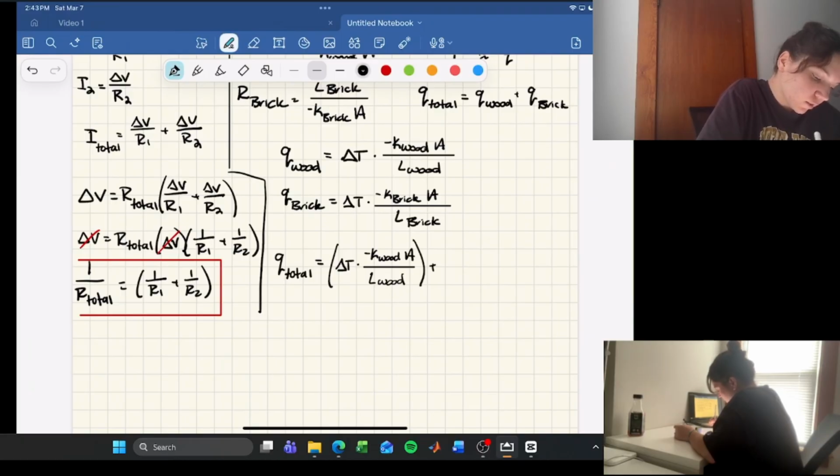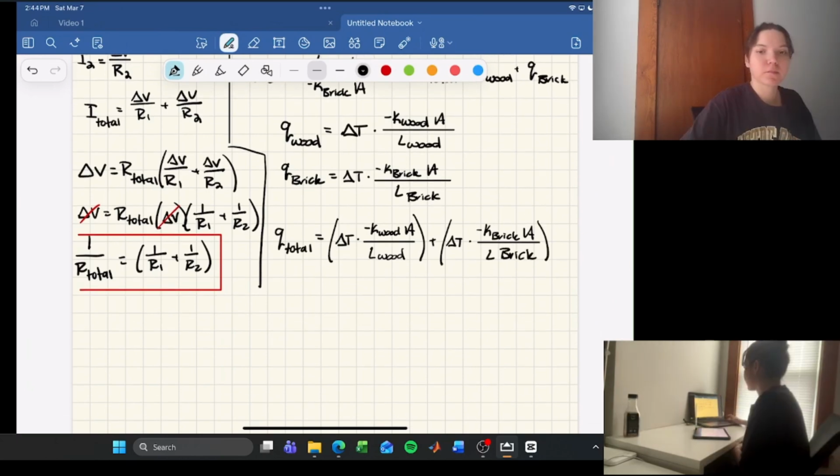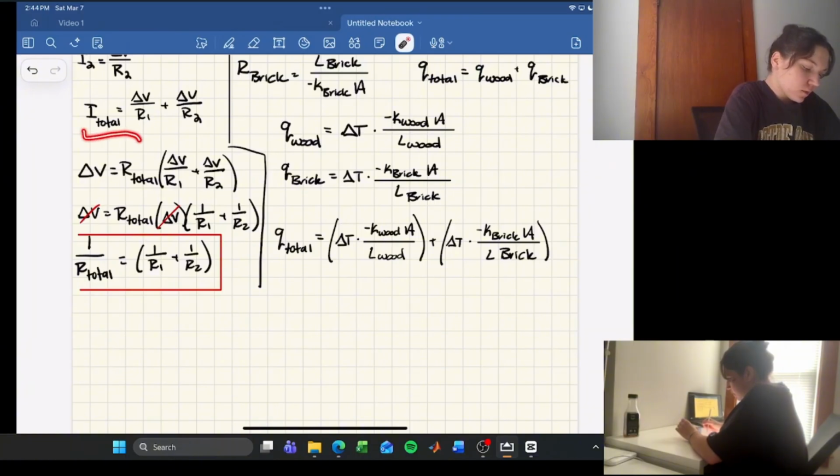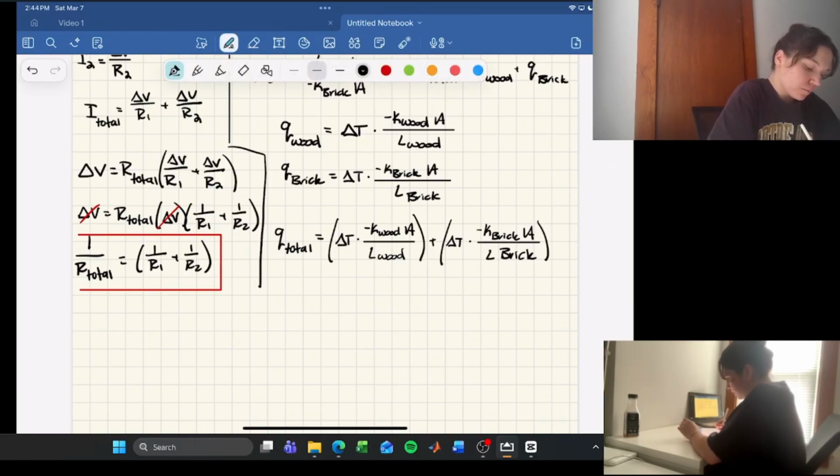And this is added to the change in temperature times the thermal conductivity of the brick times the area over the length of the brick. Like that. And now we want to plug this into the overall equation. How we plugged in this right here, we're going to do the same thing but for heat flow.